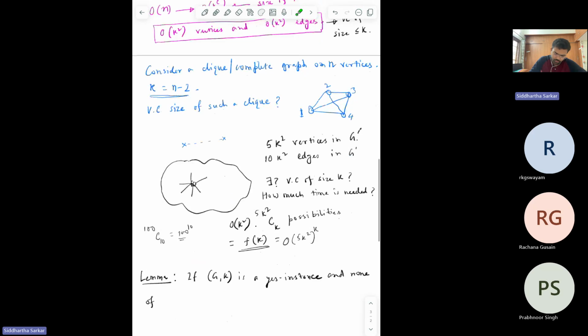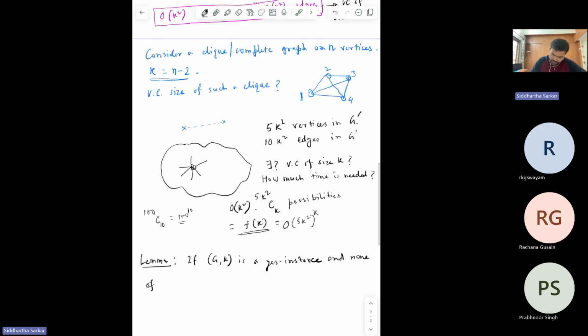Let's say only these two reduction rules we have applied.